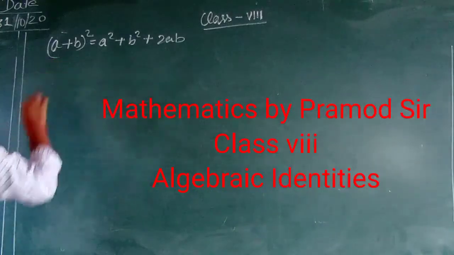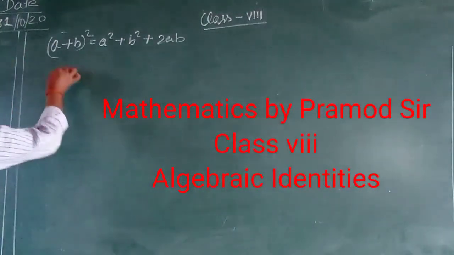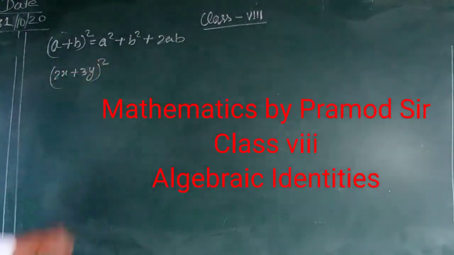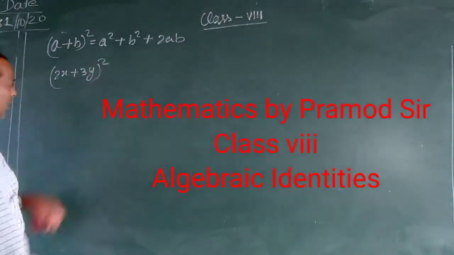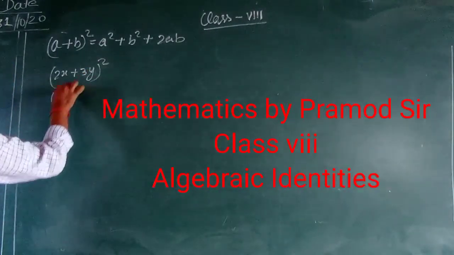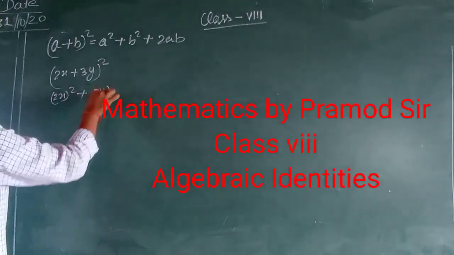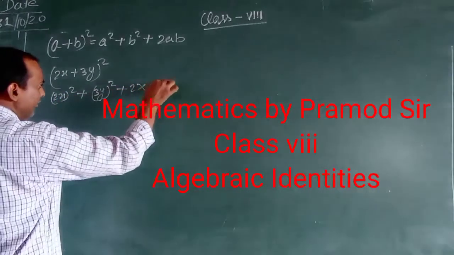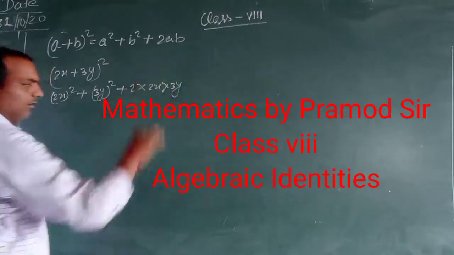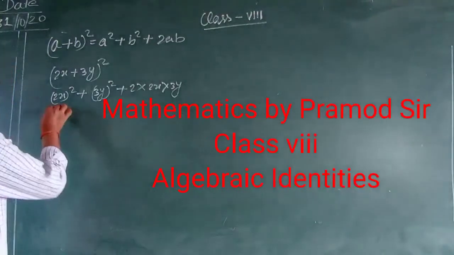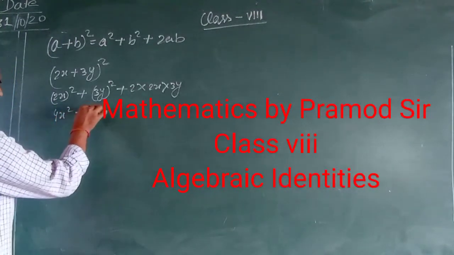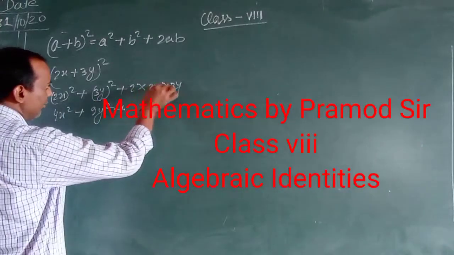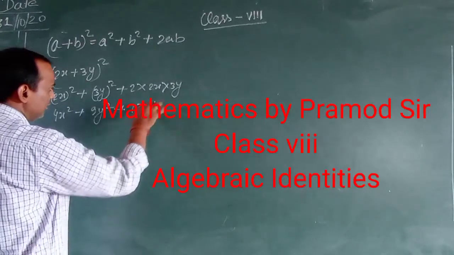So, see some examples, as if (2x plus 3y) whole square. Here, using this formula, we can write 2x square plus 3y square plus 2 into first term 2x into second term 3y. Here, we can write 4x square plus 9y square plus 2 into 4 into 3, 12xy.